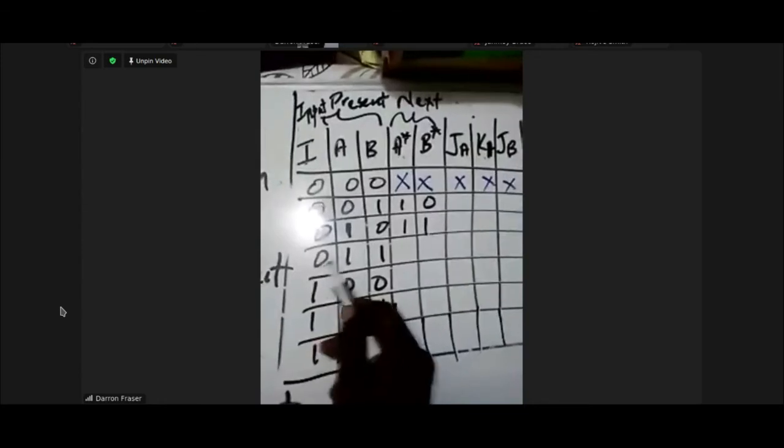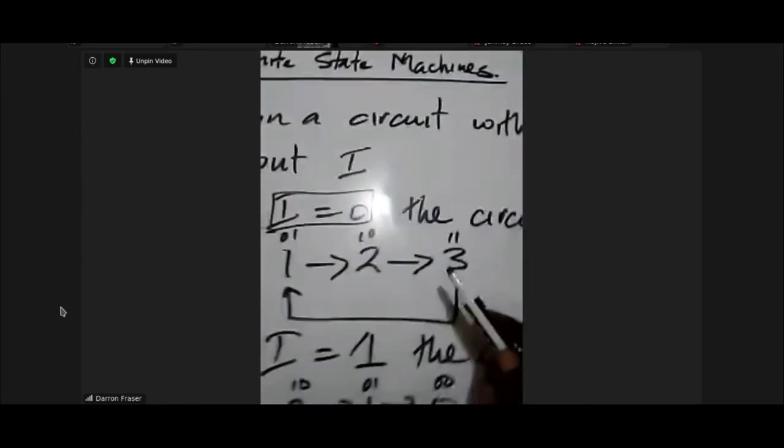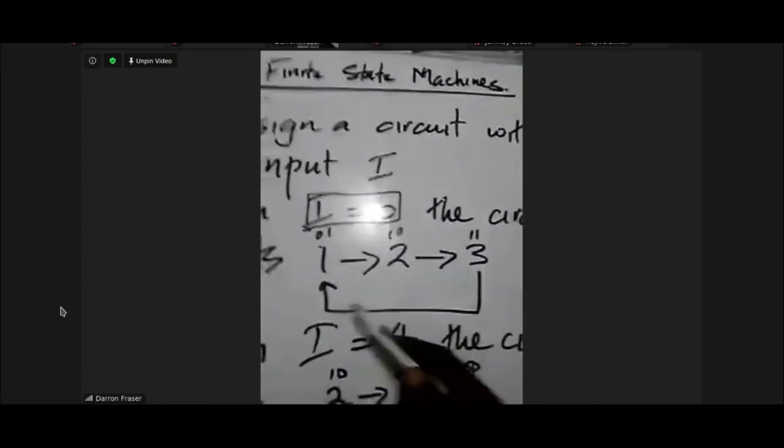And if I equals 0 and the present state is 3, then I'm going to go back to 1, so I put 0, 1.